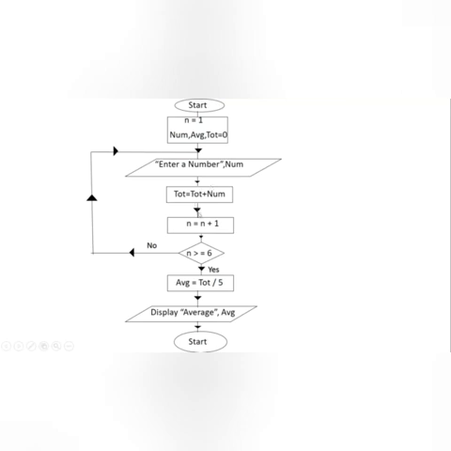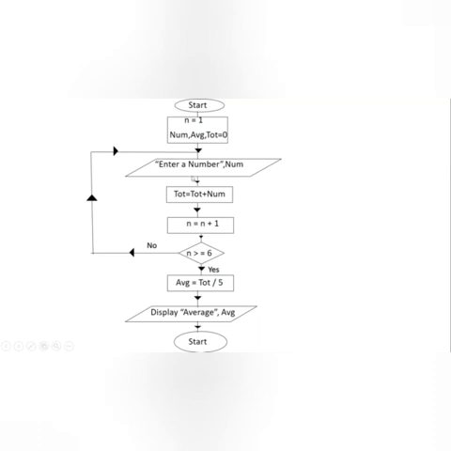Okay, now the data flows, and in this process here the new n is equal to 2 plus 1, which is 3. So in the boolean they ask, is 3 greater or equal to 6? We still follow the no path, and a repetition begins again.